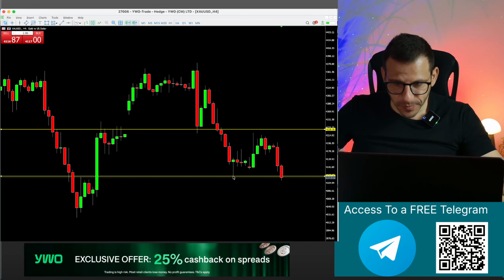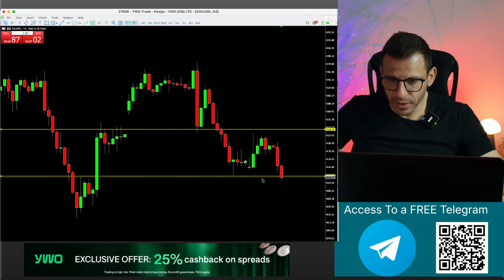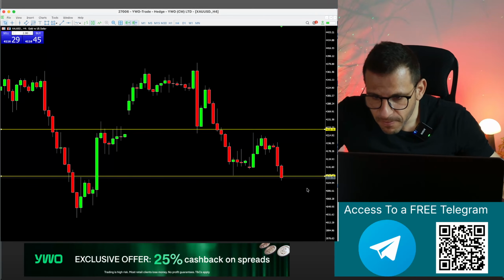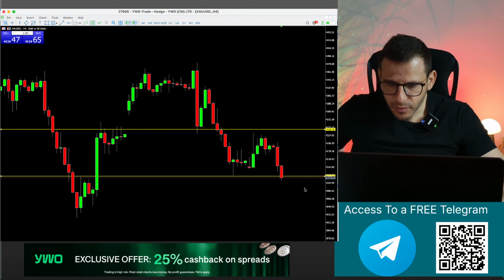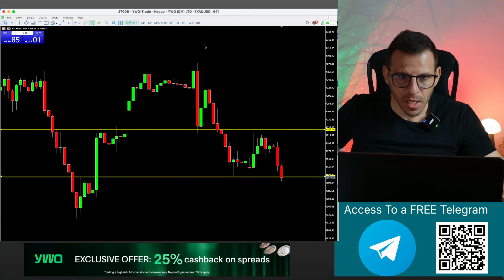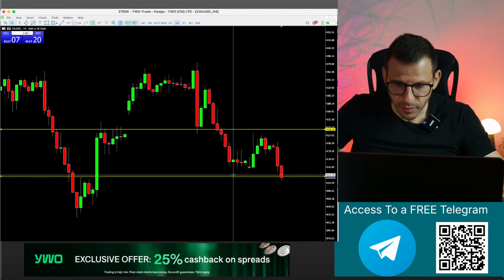Alrighties. So we are right here at 41.16. On the 4-hour chart, I just see that the price is trying to break below this swing low created on the 19th.